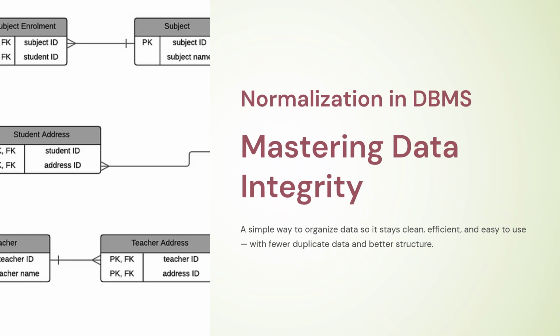Also, we'll discuss the advantages and limitations of normalization, and go through some practical applications in real-world database design. Normalization is not just a theoretical concept, it forms the foundation of every well-designed relational database.